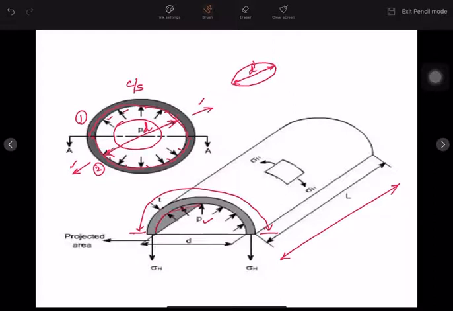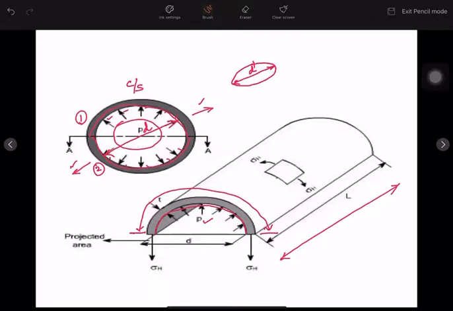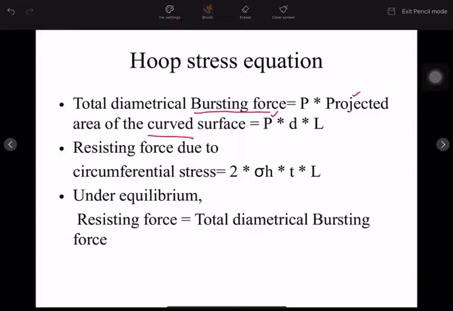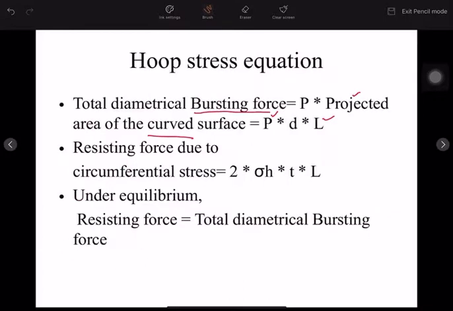What is this projected area? Nothing but the projected area of the curved surface. This one. The projected area will be this thing, small d, into the length of the cylinder which we have considered.